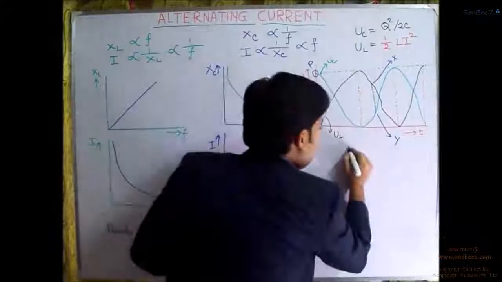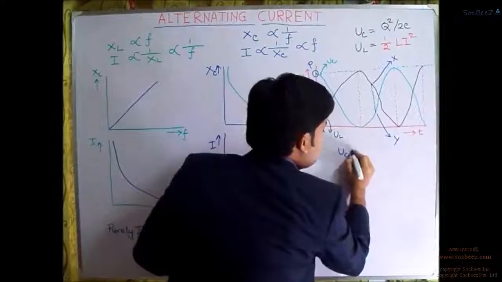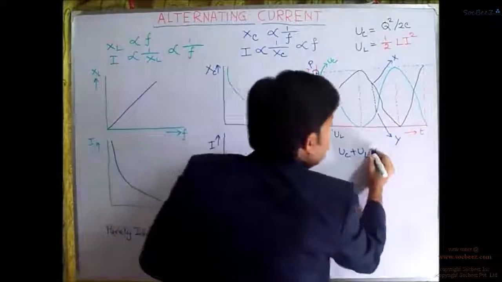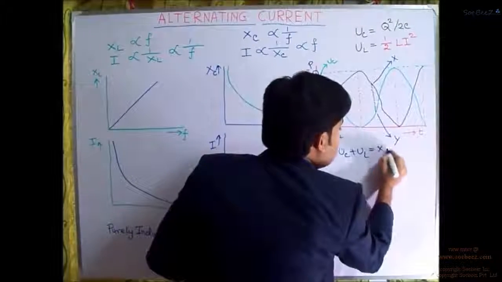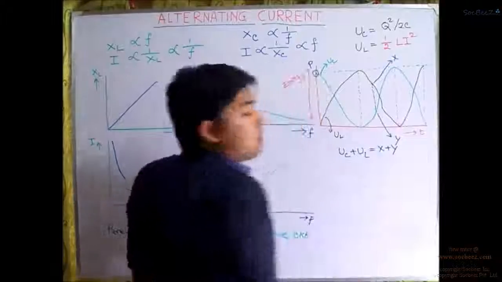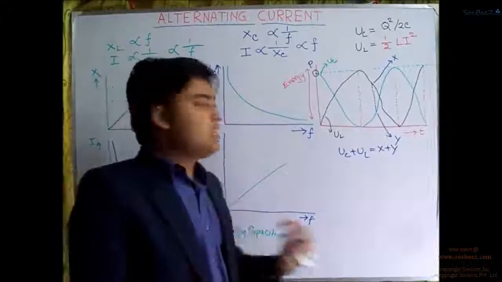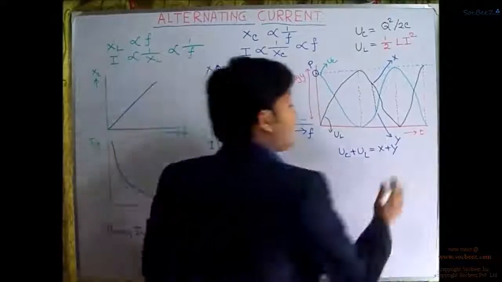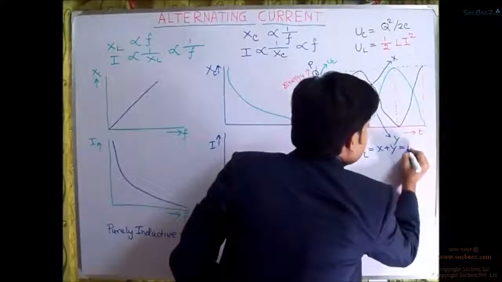Now if we add up UC plus UL at this particular point of time, then obviously we shall find x plus y. Whatever may be the time you are taking, you will find that this x plus y is equal to P.